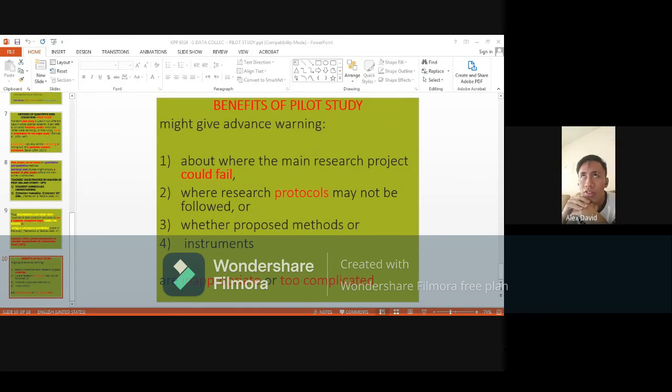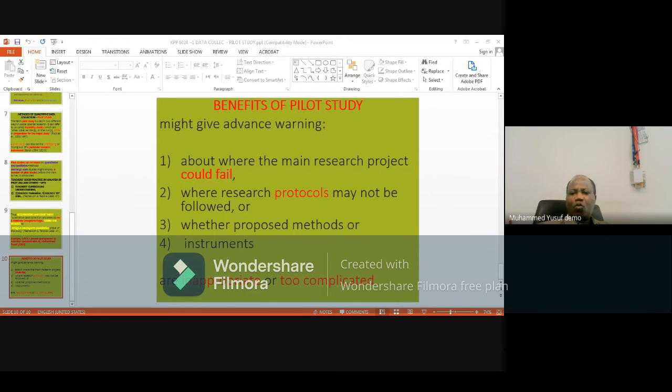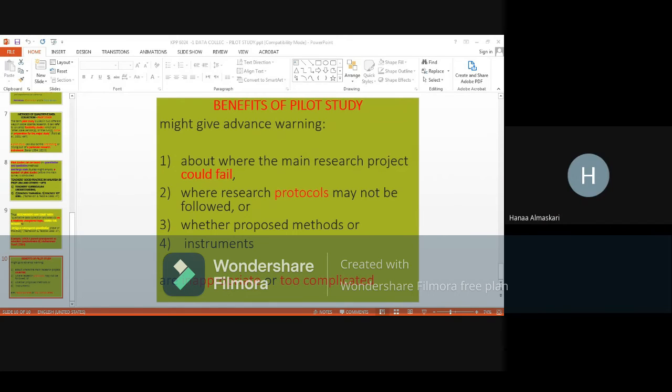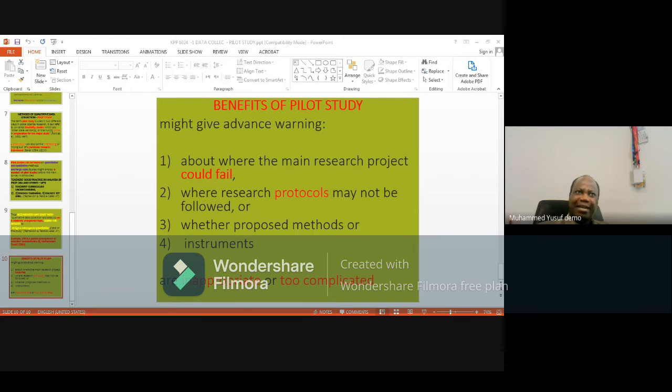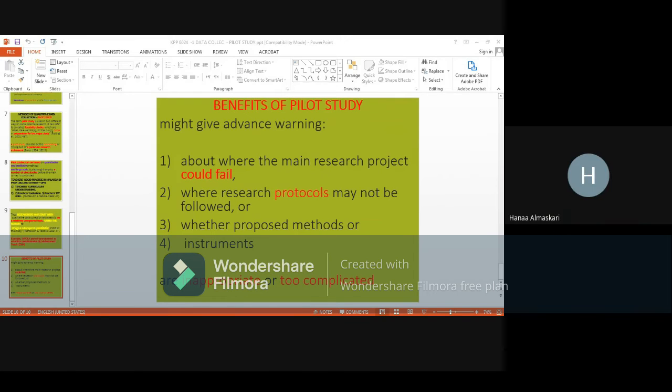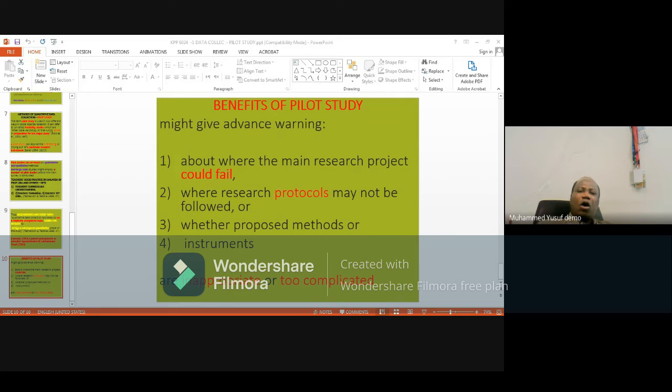No, doctor. Okay, good. Hannah, what do you know about pointer? Pointer, maybe a device used to point at slides or something. Okay, as a slide indicator. Yes. Okay, let me ask another question.